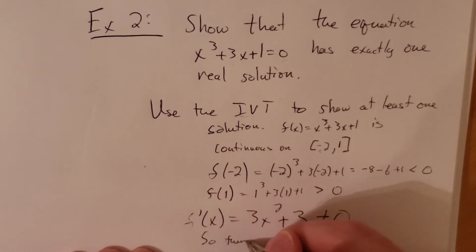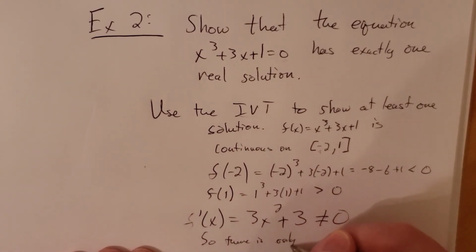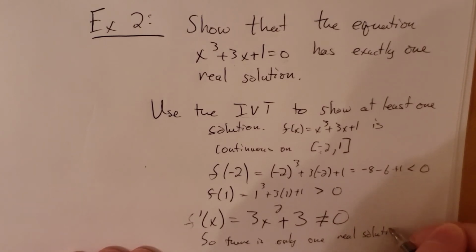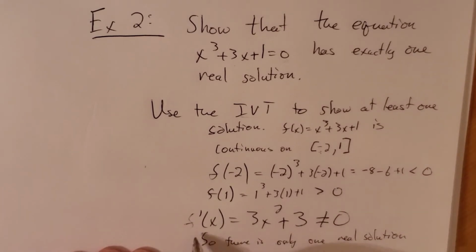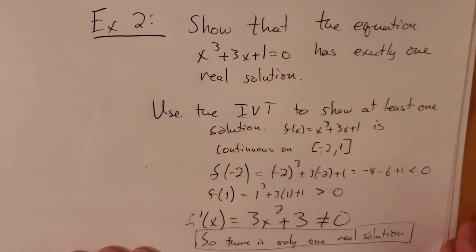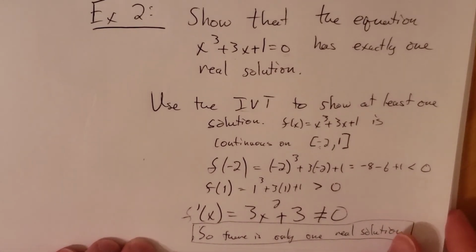So there is only one real solution. We didn't find the solution. That's okay. We weren't asked to. We were asked to only show that there exists a solution, and in fact there is only one solution.